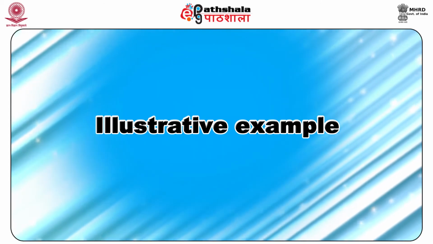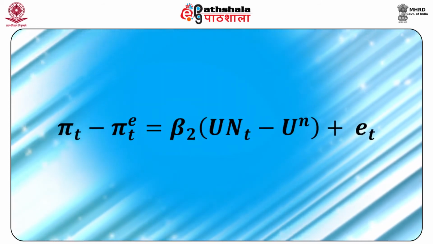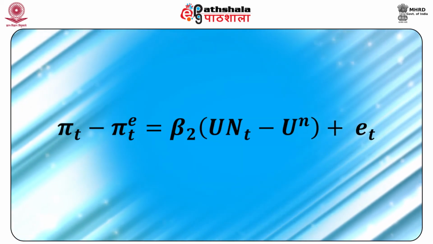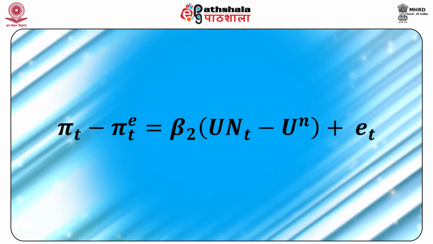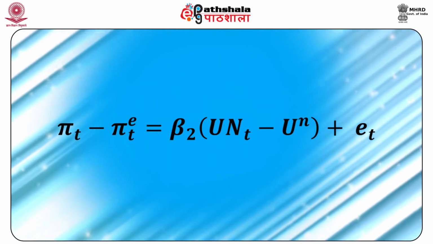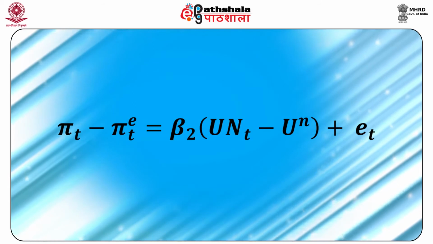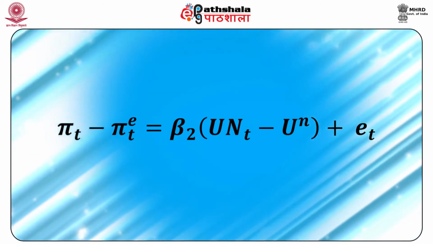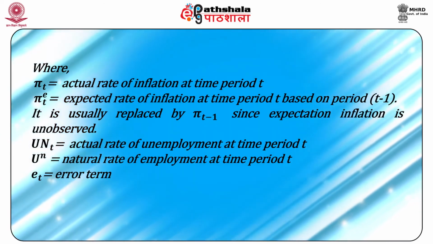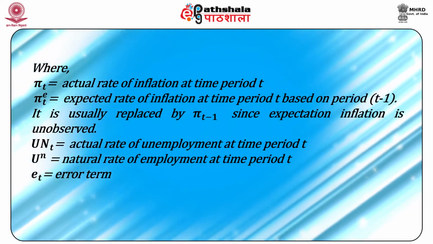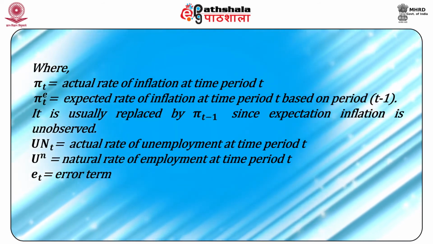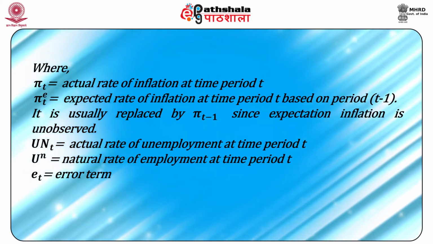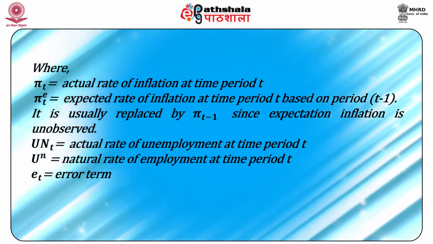Now, let us take an illustrative example. Consider the modern version of the Phillips curve, which can be expressed as pi t minus pi t raised to power e equal to beta 2 into (u t minus u raised to power n) plus et, where pi t is defined to be the actual rate of inflation at time period t and pi t e is equal to the expected rate of inflation at time period t based on period t minus 1.